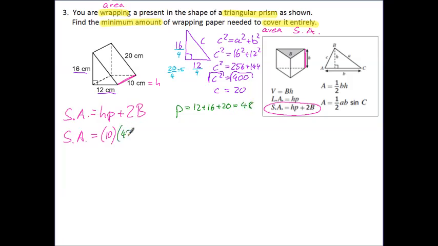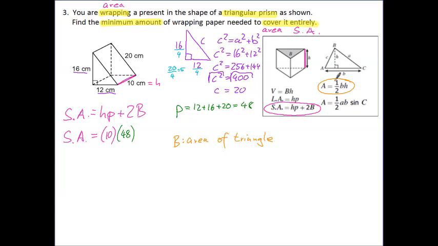So 48 goes into our formula for the surface area. And last but not least, we need the area of the base. And that is really just the area of the triangle. We already found the perimeter. Now we're going to find the area of the triangle, and we have the formula for it right here.